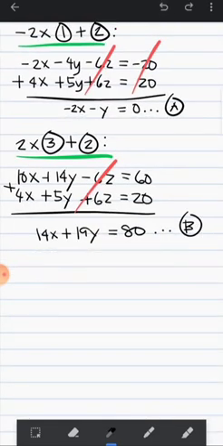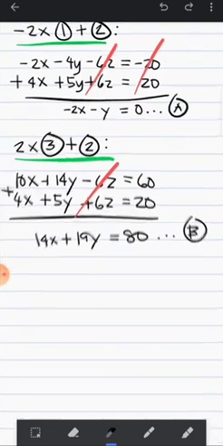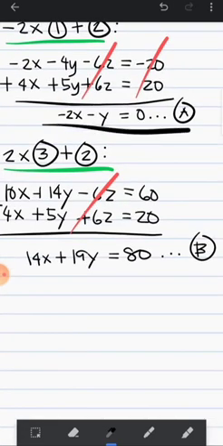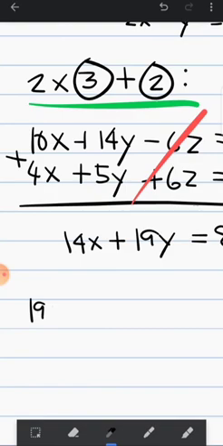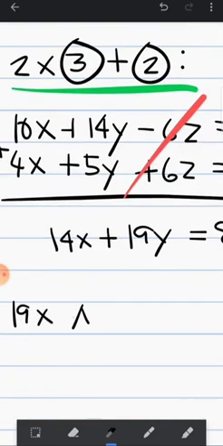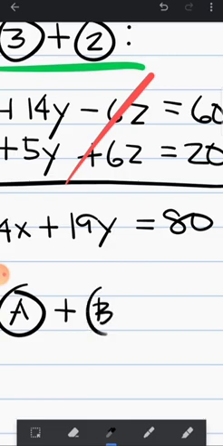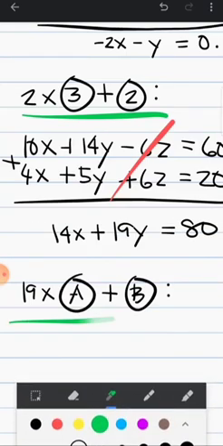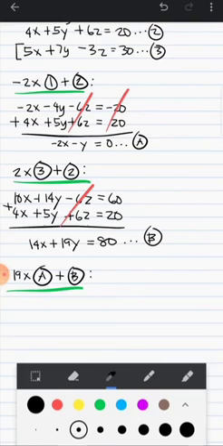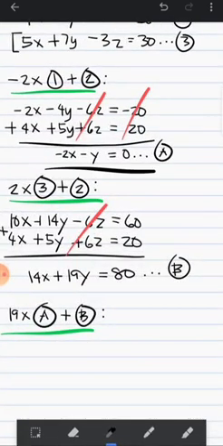Alright. And then, how do we cancel out these terms, A and B? We can cancel out y by multiplying this by 19. So 19 times equation A plus equation B is our goal. So 19 times this one, 19 times 2 is what? 38.